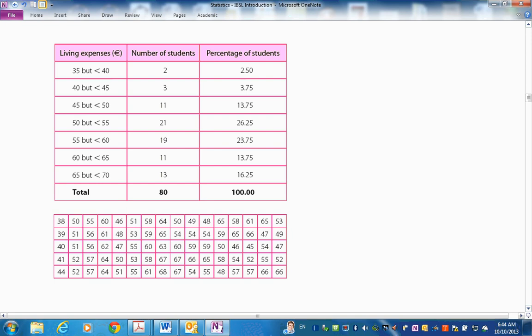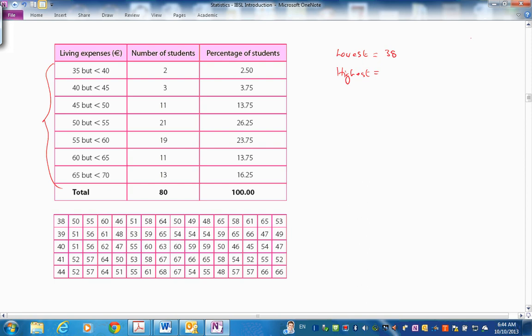All right, so what have we done? We've grouped the data. How do you do that? Grouping the data into these groups to make some sort of a graph, what are you going to do? Let's look at the lowest value in our data set. Our lowest value, I think, is 38. And I think the highest value, does it get to 70?